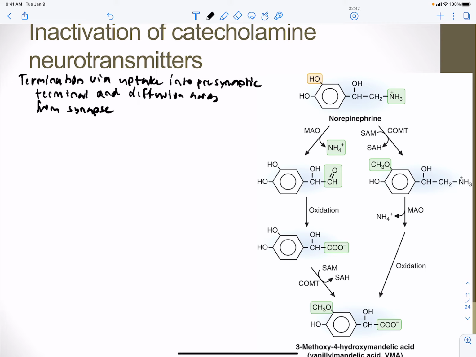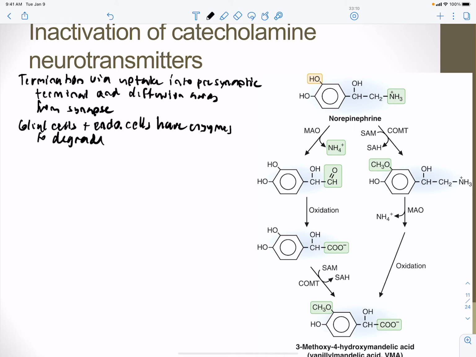The enzymes that are going to be able to degrade your catecholamine neurotransmitters are going to be present at these sites, including in your glial cells and endothelial cells. Now, the two major reactions are going to be catalyzed by your monoamine oxidase and your catechol O-methyltransferase.